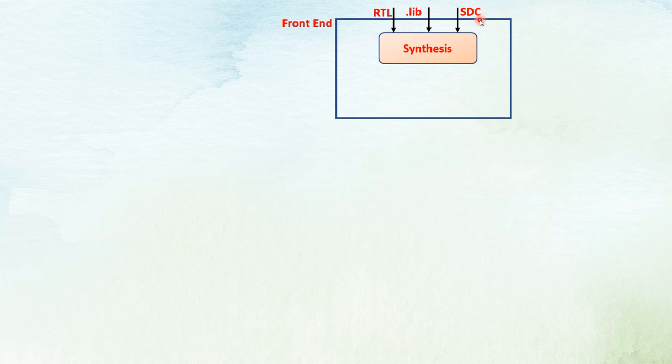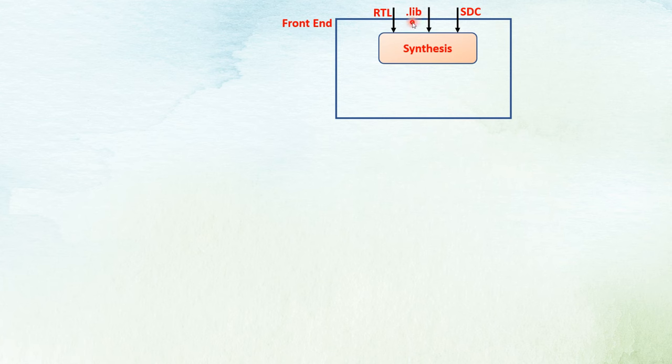Also, it allows the same HDL description file or the RTL file to be mapped into different target technology without requiring any design change. That technology information is described in the .lib file that I've already mentioned in the input to STA.